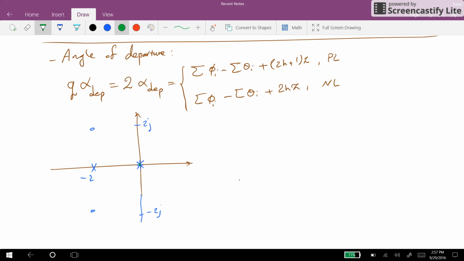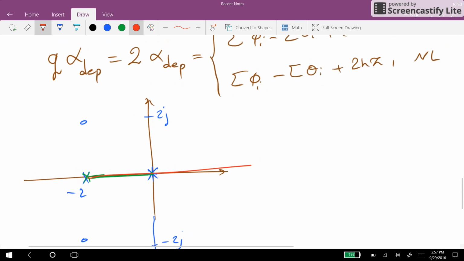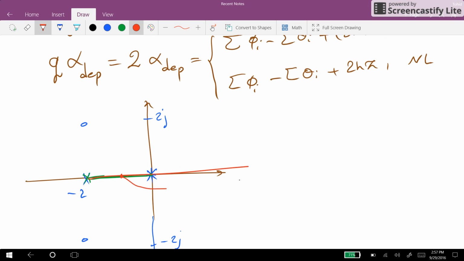For theta i, we have only one pole which is not at the origin. To find the angle of this pole with the origin, we connect that pole to the origin, draw a line from this pole towards infinity, and find the angle between these two lines, which, as you can see here, is equal to 0.